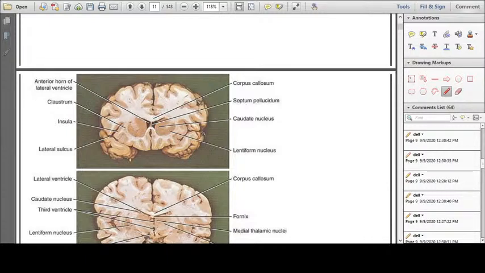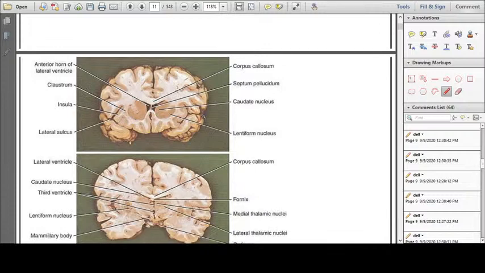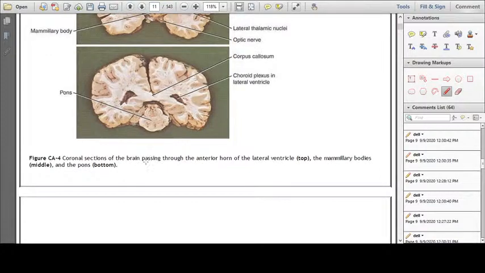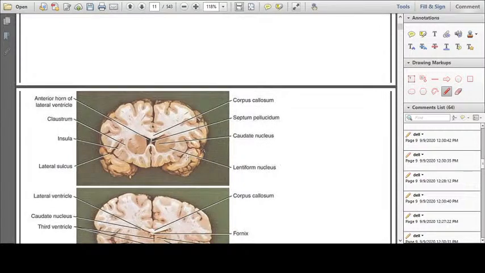Okay, so let's look at these cross sections of the brain. These are coronal sections passing through the anterior horn of the lateral ventricle. For those who don't know, the ventricular system is basically a system which provides nourishment to the brain.